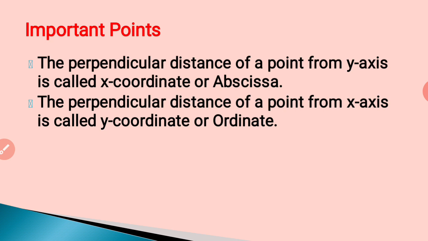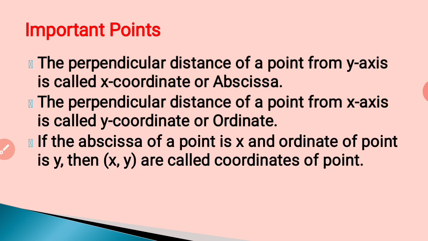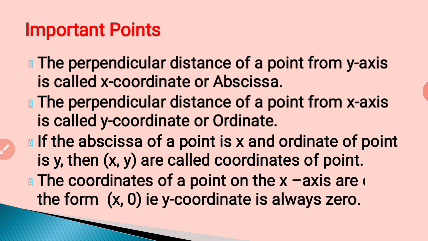So, the x-coordinate has another name, that is abscissa, and the y-coordinate has another name, that is ordinate. If the abscissa of a point is x and ordinate of the point is y, then (x, y) are coordinates of a point. As told earlier, x coordinate is always written first, followed by y coordinate.